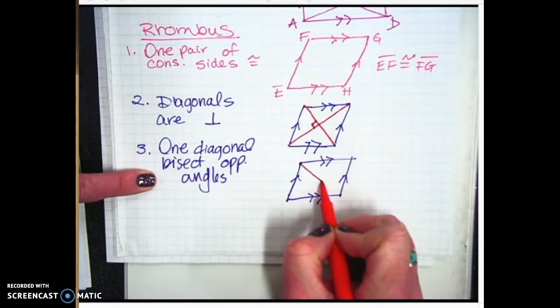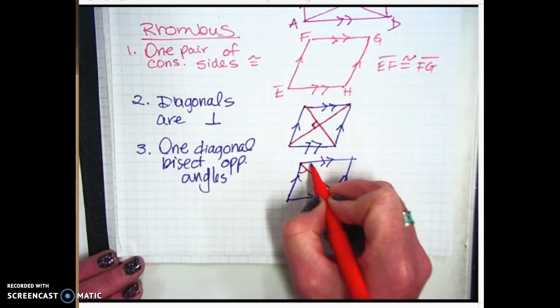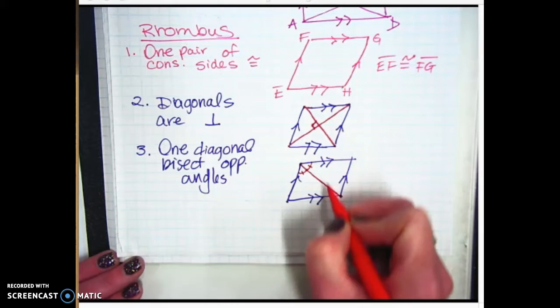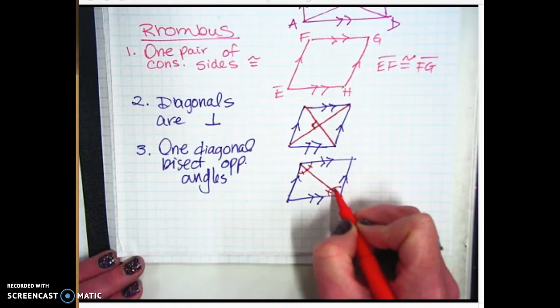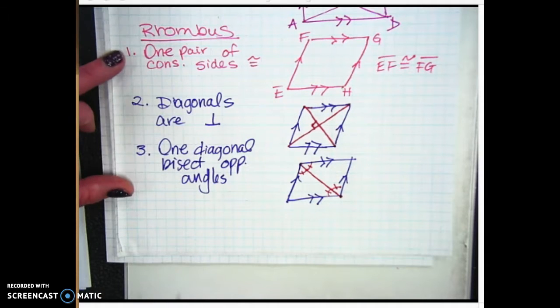So I'm just going to draw in one diagonal, and it's going to bisect these angles right here. If it happens to do both, great. But in order to meet the condition, you just need it to bisect the opposite angles. Okay? These are the three conditions for a rhombus.